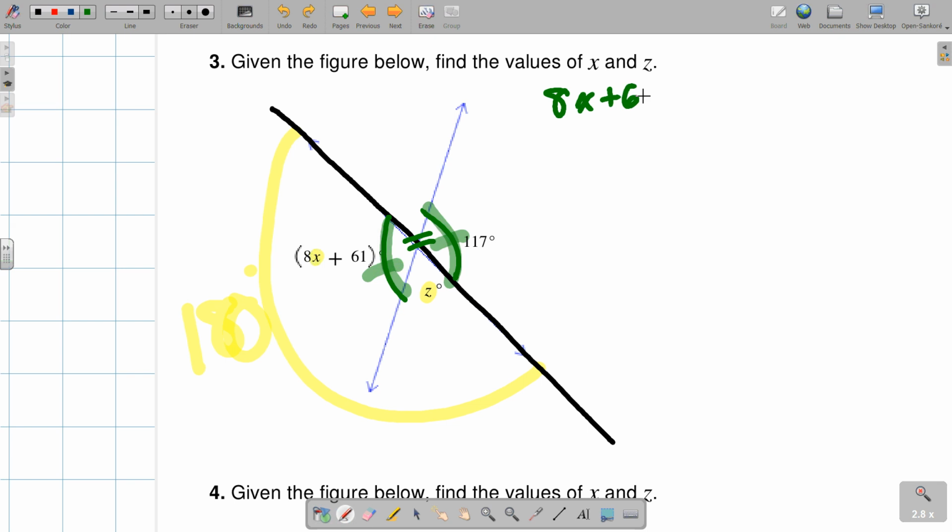8x plus 61 equals 117. You do your own algebra, look up when you're done, and see if you match me.